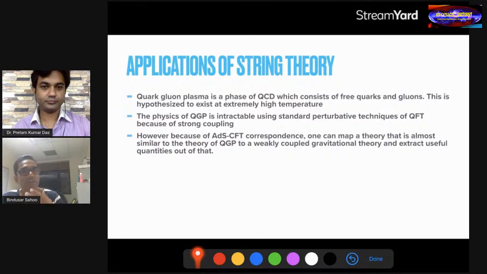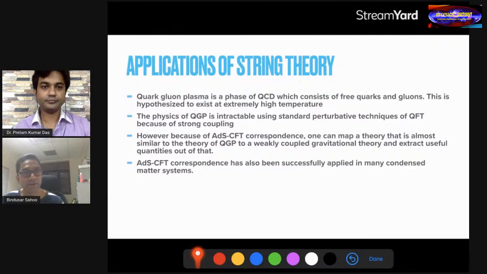It should be full string theory, but you can just focus on the gravity sector and forget about the other sectors, which are highly massive for the energy scale you're looking at. It becomes a classical gravity theory, and you can do some classical gravity computation and extract useful quantities out of that. So this is one advantage of AdS/CFT correspondence.